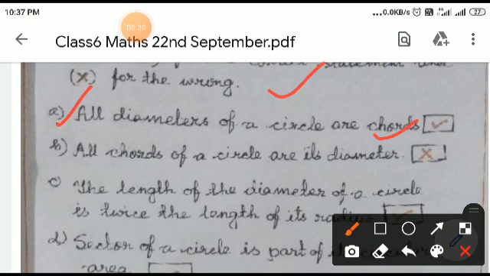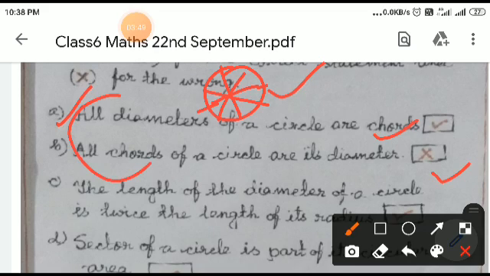Yes, in a circle all the diameters are chords because they are joining any 2 points that lie on the circle. All chords of a circle are its diameter. No, it is wrong. All chords cannot be diameters of the circle.